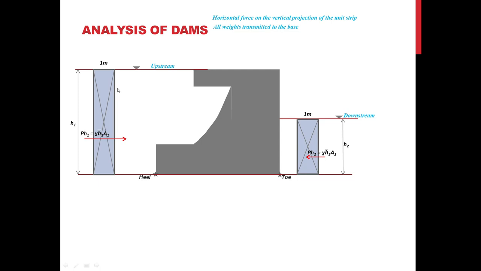So next, we work with all weights that are transmitted to the base. So of course, this dam will be subdivided into composite areas. So on the crest of the dam, we have here a rectangular shape, and on that rectangular shape, we'll have the center of gravity, where the concentration of the weight is located.